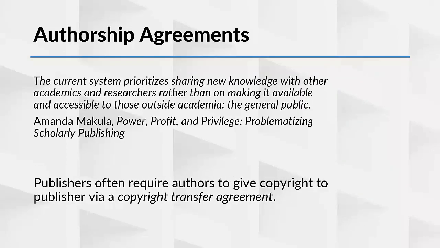Another aspect of power is what's called authorship agreements or copyright transfer agreements or author copyright agreement. So Amanda McCullough says the current system prioritizes sharing new knowledge with other academics and researchers rather than making it available and accessible to those outside academia, the general public, right? So publishers often require authors.